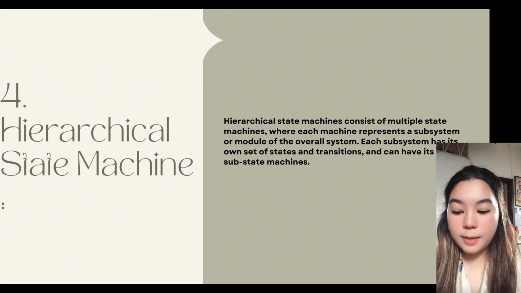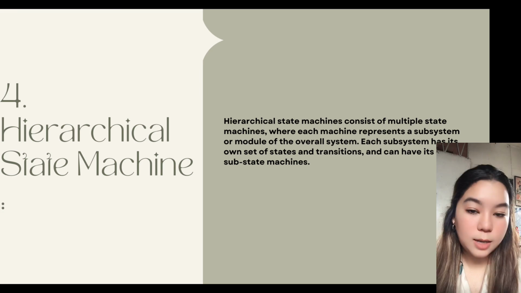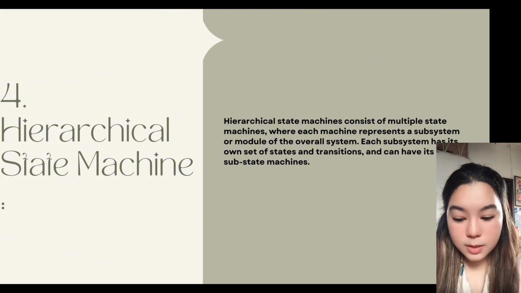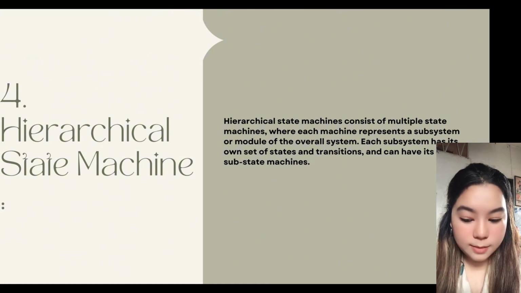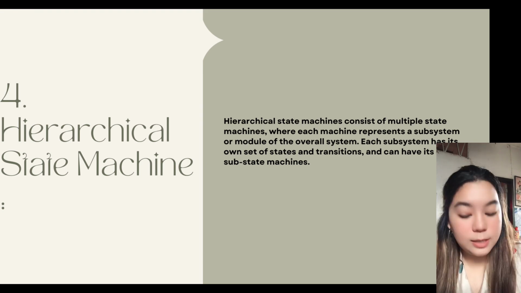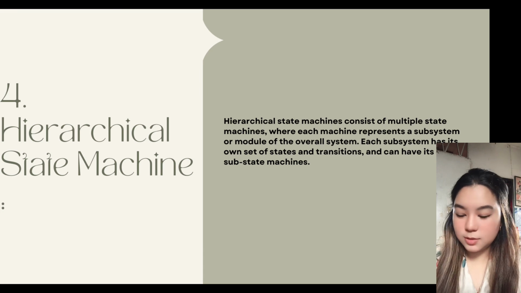So this type of state machine is useful in modeling complex systems that can be broken down into smaller subsystems. One example is an airplane control system where each subsystem, such as the engine, navigation, and landing gear, has its own set of states and transitions.